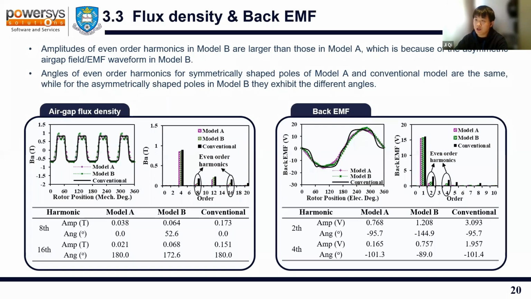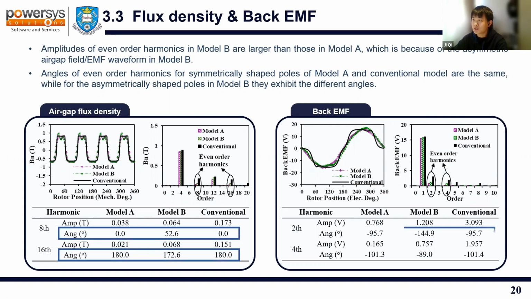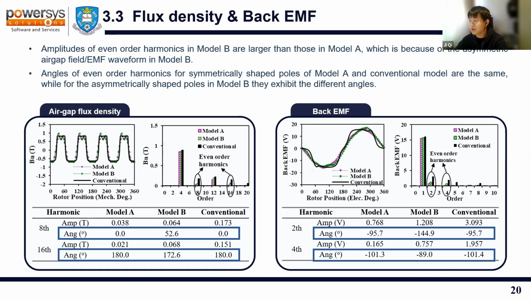This is the comparison of air gap flux density and back EMF. We can see that the amplitude of even order harmonics in model B, shown in the green bar, is larger than those in model A, shown in the purple bar here, which is because of the asymmetric air gap flux density and EMF waveforms in model B. Also, the angles for even order harmonics for the symmetrically shaped poles of model A and the conventional model are the same, as shown in the left and the right side.